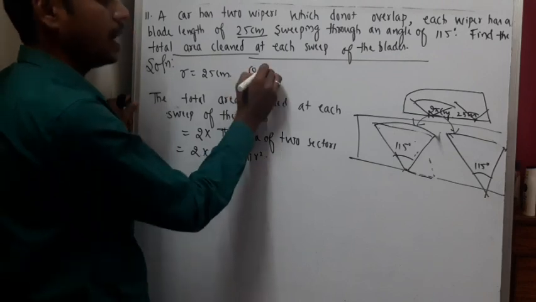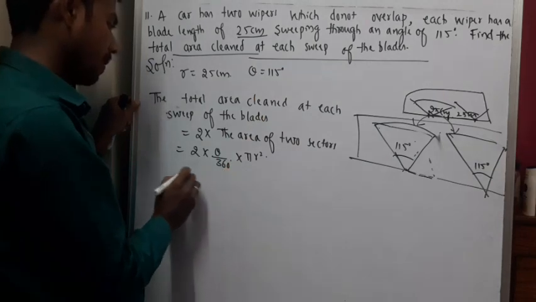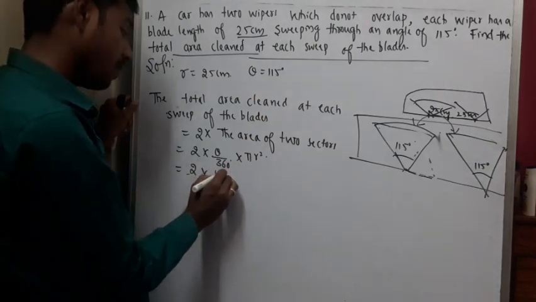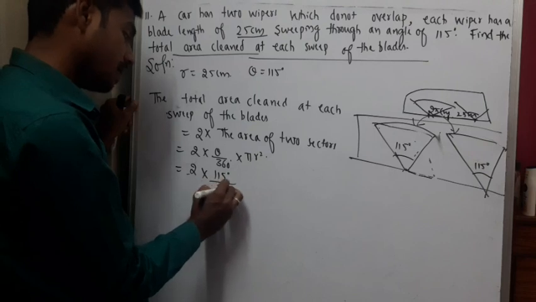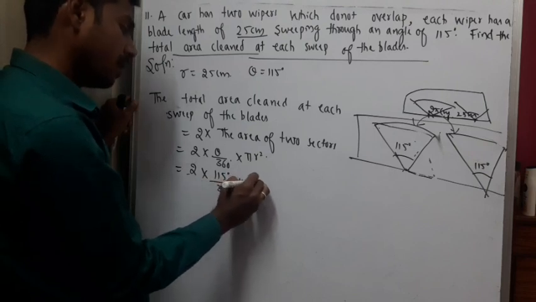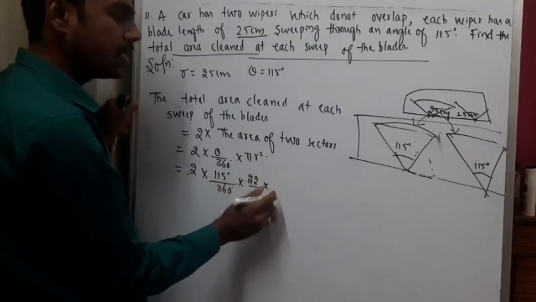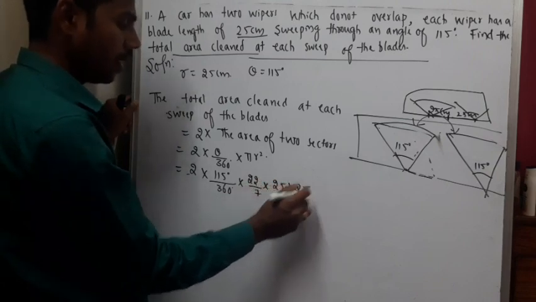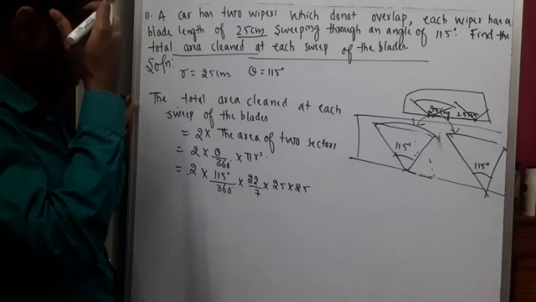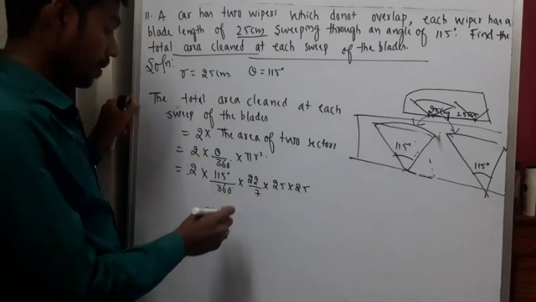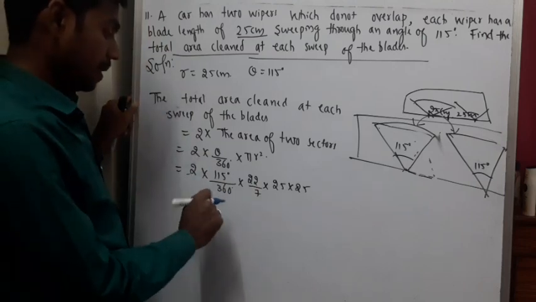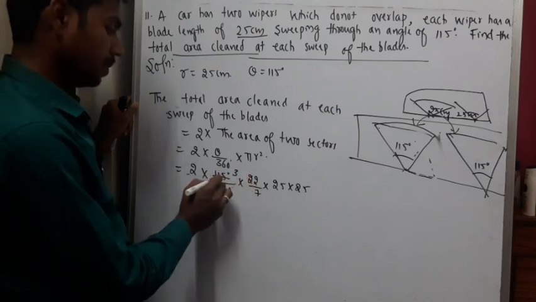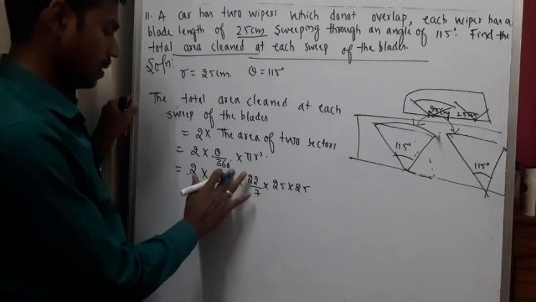What is theta? Theta is 115 degrees. So 2 into 115 divided by 360 into 22 divided by 7 into r, where r is 25, into 25. Fine. Now which multiple? 3 multiple? 3 3s are 9, so this is not a 3 multiple.